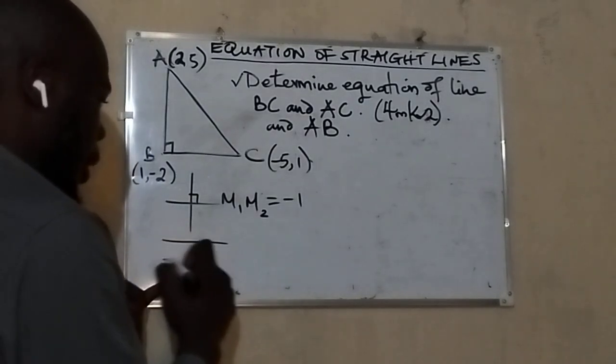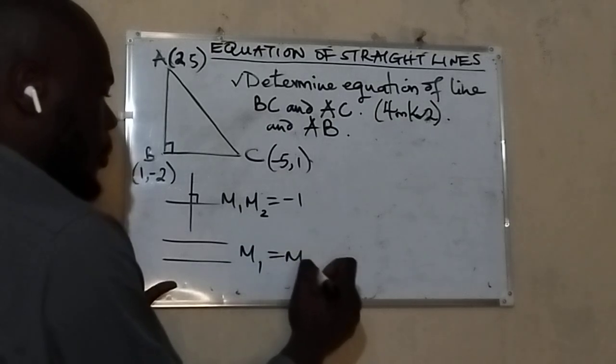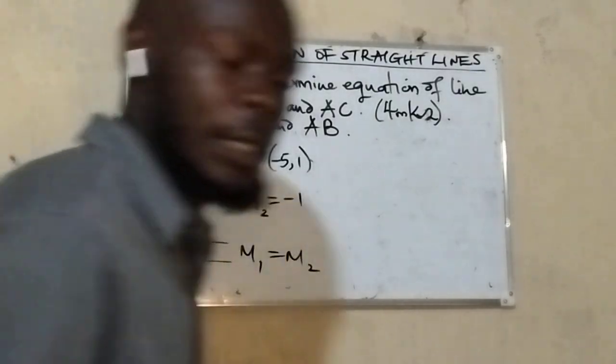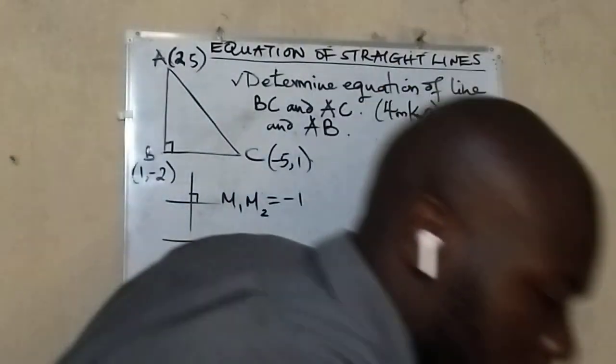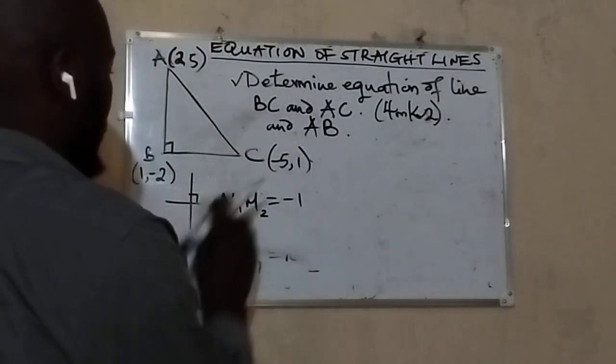And when two lines are parallel, it means the gradient of line 1 is equal to the gradient of line 2. So we shall go straight to the workings.